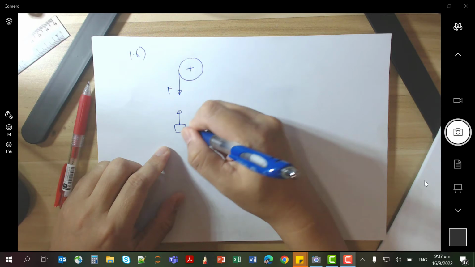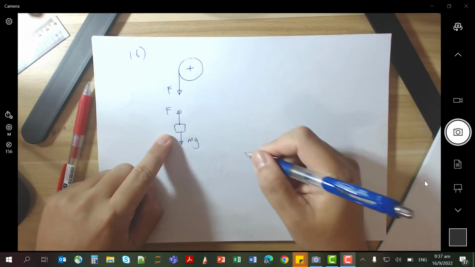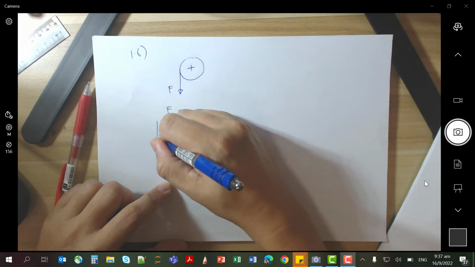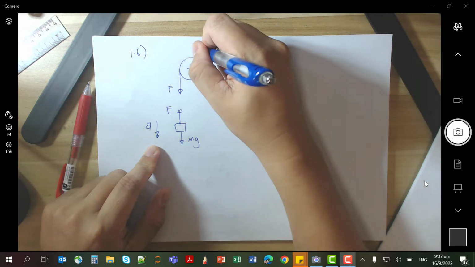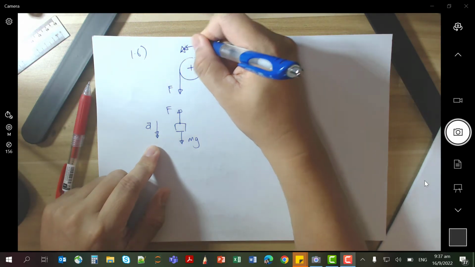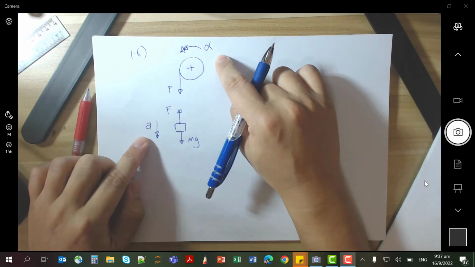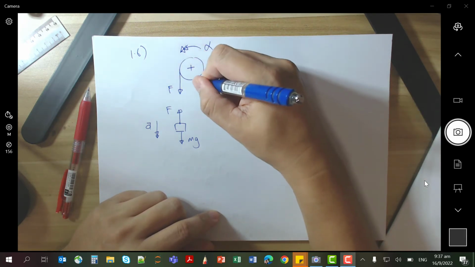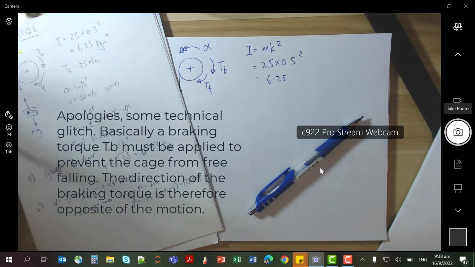Let's draw the cage first, which should be easier. You have mg, and this is the tension. Since it's going down, we define the acceleration to be pointing downwards. And since it's going down, we define the angular acceleration to be anti-clockwise, the same direction. Since the motion is anti-clockwise, the friction torque should be clockwise, opposing the motion.